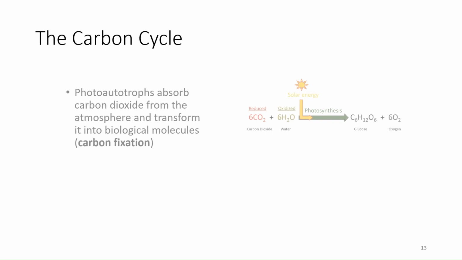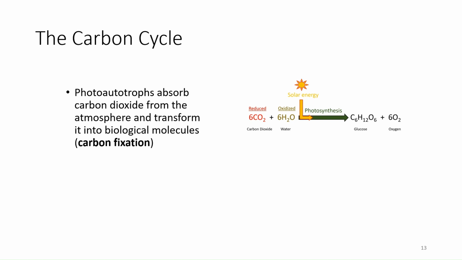Let's examine the carbon cycle a little bit further and see how it relates to cellular respiration and photosynthesis. So, photoautotrophs, which we already discussed, acquire their energy from sunlight and feed themselves from CO2, absorb carbon dioxide from the atmosphere, and transfer it into biological molecules.